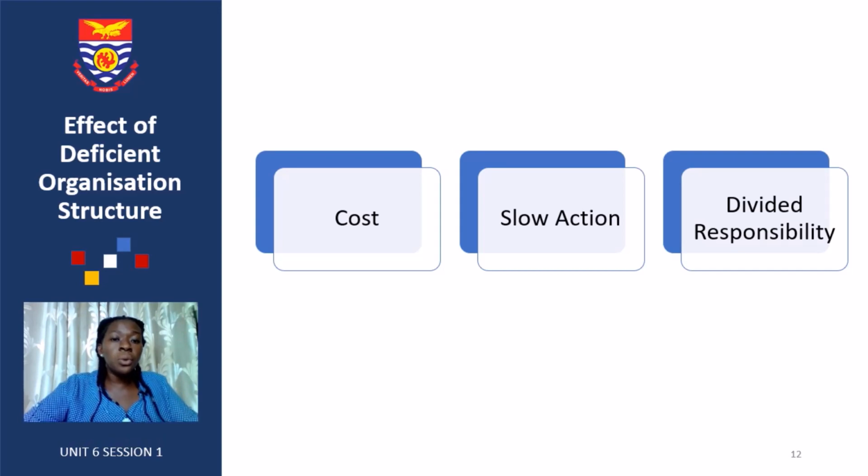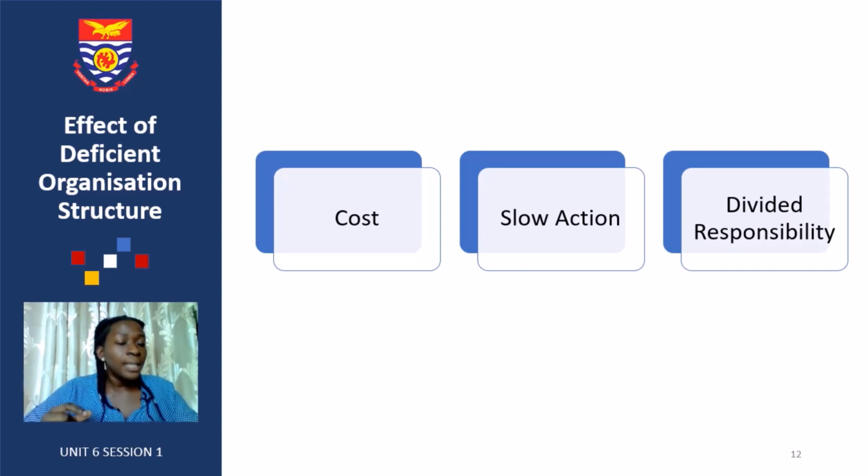There's also slow action. If you want to review the organizational structure, you may usually have a committee in place, and sometimes because of conflict of interest, one says we should do it this way, another says we shouldn't. It can easily slow down the pace of decision making when it comes to the organizational structure.